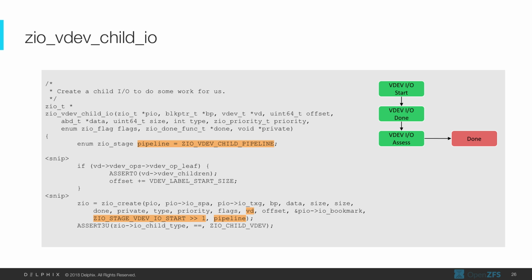I want to know where that is physically on disk. What this is doing is every time we go to disk, we are shifting and adding to that offset, I think it's 4.5 megabytes, which accounts for the ZFS label on that device.